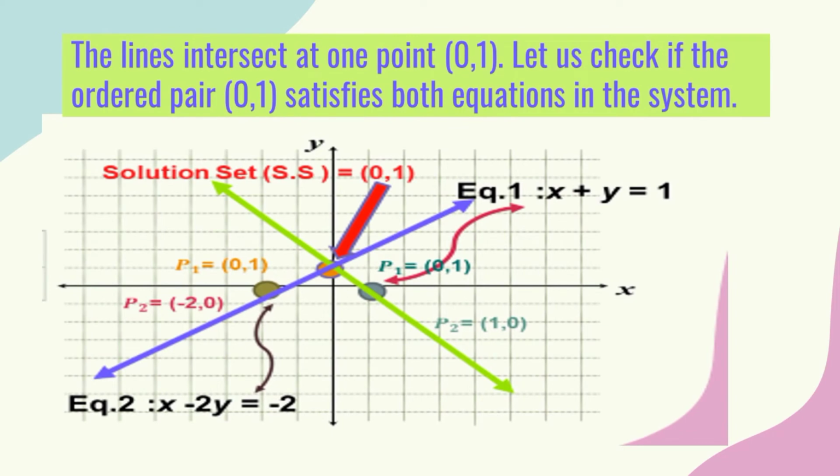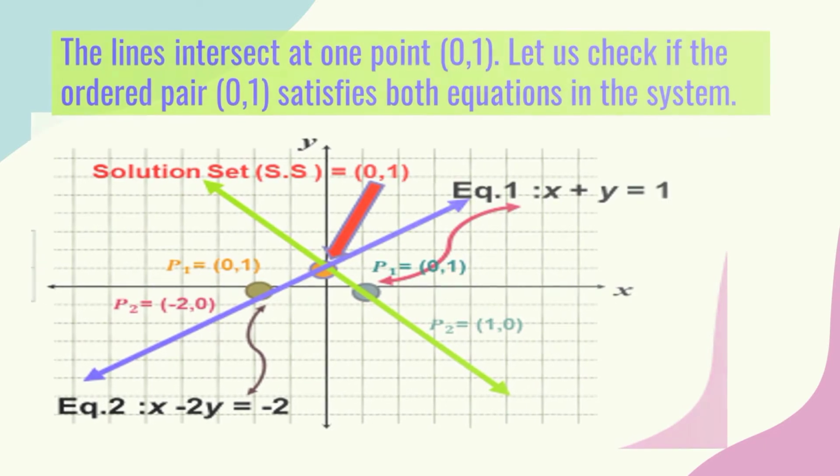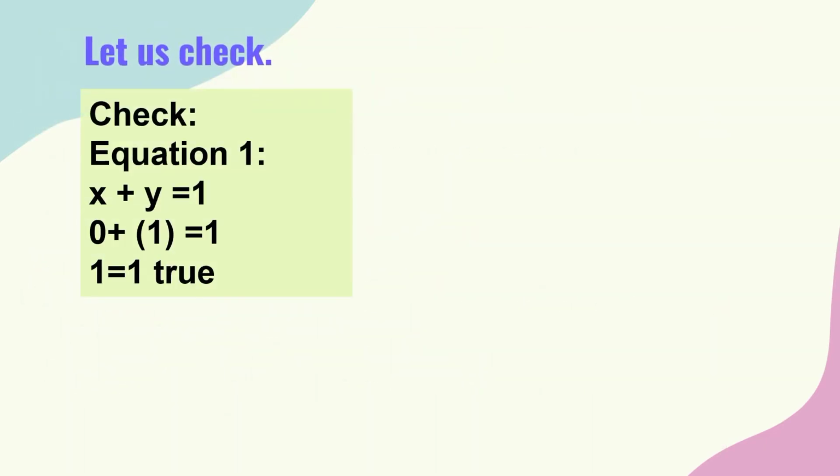Furthermore, the lines intersect at one point, (0, 1). Let us check if the ordered pair (0, 1) satisfies both equations in the system. For our first equation, x plus y equals 1, 0 plus 1 equals 1, 1 equals 1, the statement is true.